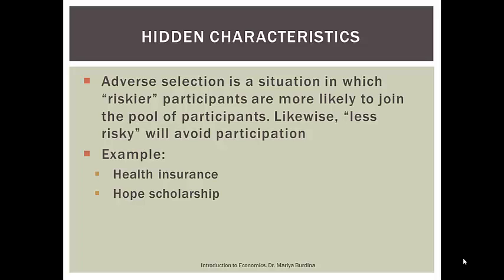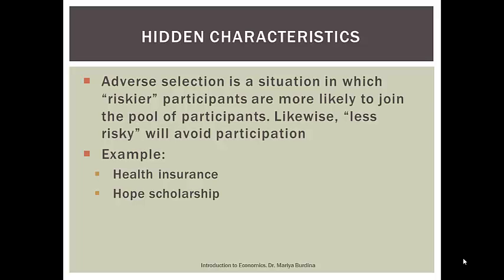As a result of adverse selection, only those that were more likely to get sick would opt in for health insurance. As a result, health insurance was going to get more and more expensive. If only sick people are getting health insurance, the cost of that insurance is going to go up.